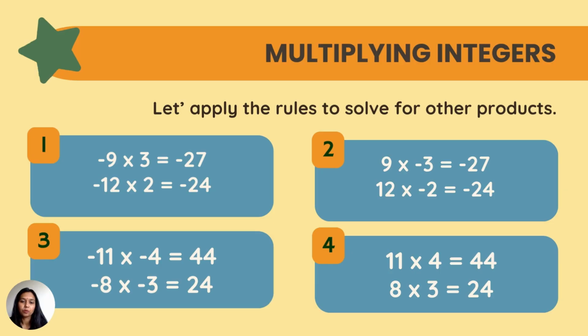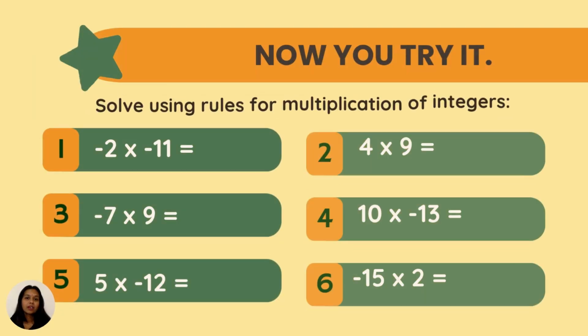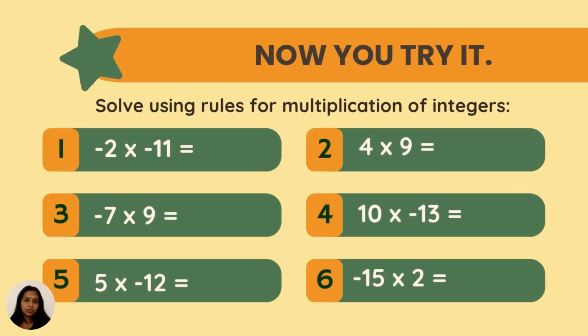Let's look at number 4. We've got 11 times 4 is equal to 44, and 8 times 3 is equal to 24. See, 4 is very easy because that's what we work with currently. The main thing you need to know is your rules for negatives and positives, and that 2 negatives make a positive.